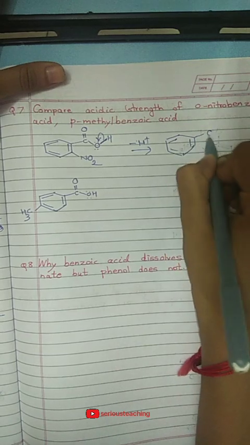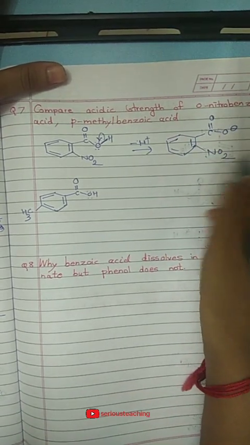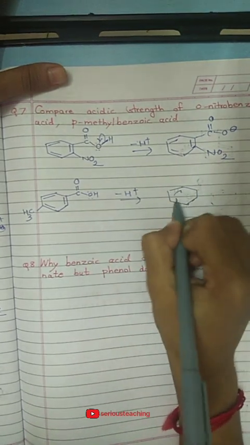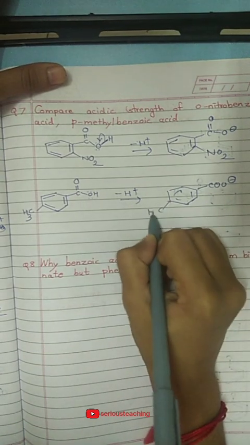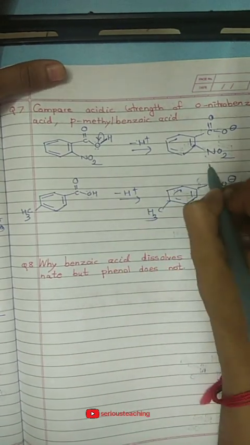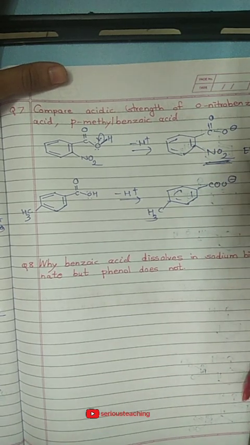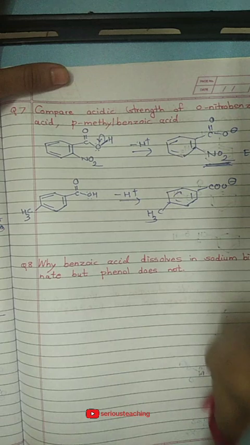We will get this anion and this NO2 group at the ortho position. Similarly, when we remove this H plus from here, we are again getting this anion, and we have this group at this position. So we know simply this is an electron withdrawing group. How it withdraws electrons, I have already uploaded a video. In short, you can go and check.